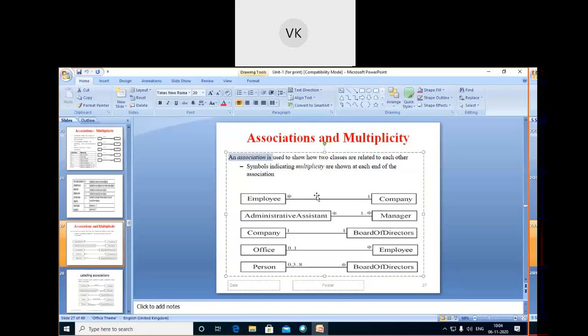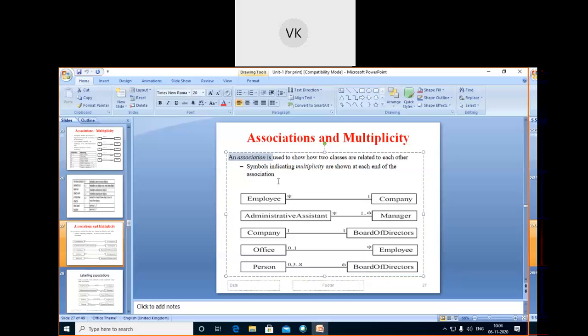Star and one. Here you see the number of employees working for one company. For the company class, here star is there. The star is related to the employee class, one is related to the company class.